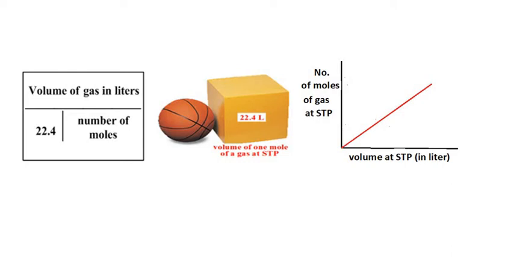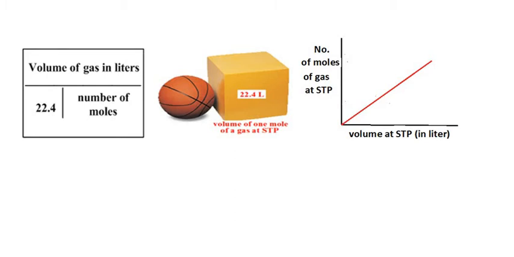There is a direct relationship between the volume of the gas and the number of moles, of course. As the number of moles increases, the volume of the gas increases, and vice versa. If the volume of the gas increases, this means that the number of moles of this gas increases. So this graph represents the direct relationship between the number of moles of the gas at STP and the volume of the gas at these conditions.